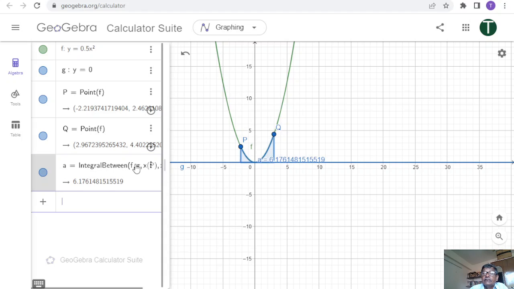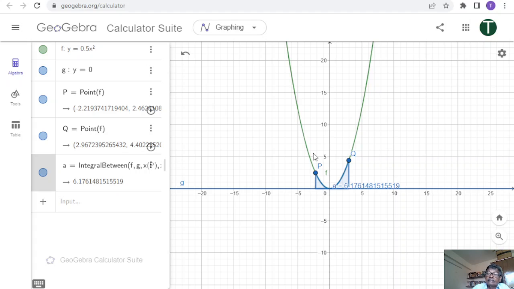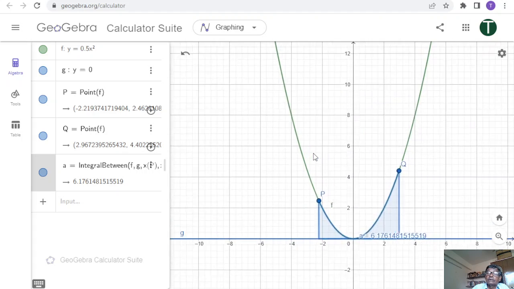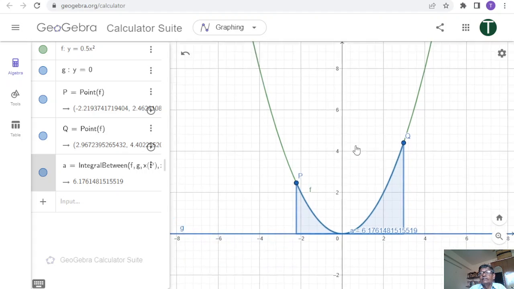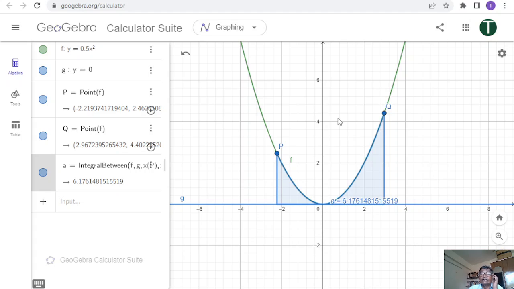If you press return, it gives you the area and prints the value of the area here. So you can scale the view a bit this way or that way so that it looks larger, and this is what we intended.